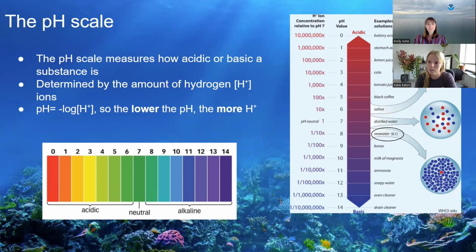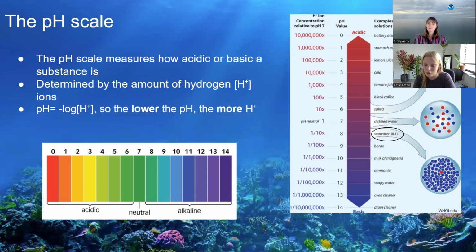So this figure on the right here kind of shows you some examples of acidic solutions and basic solutions. So like battery acid and stomach acid have really high amounts of hydrogen ions. And then distilled water is considered a neutral pH, so you have equal amounts of hydrogen ions and hydroxide ions.